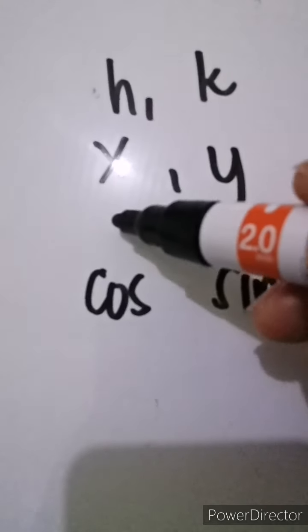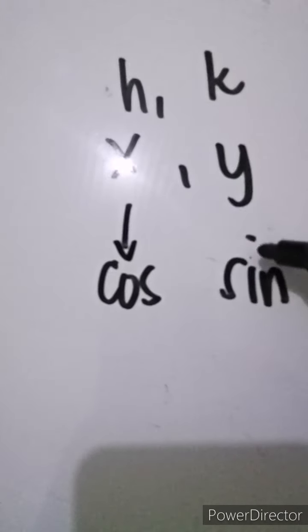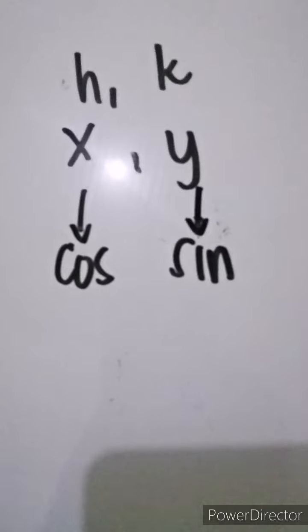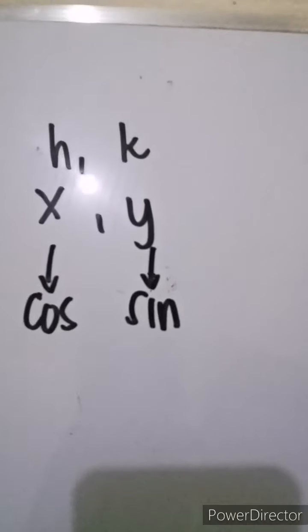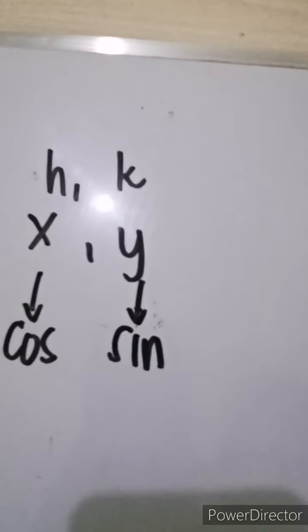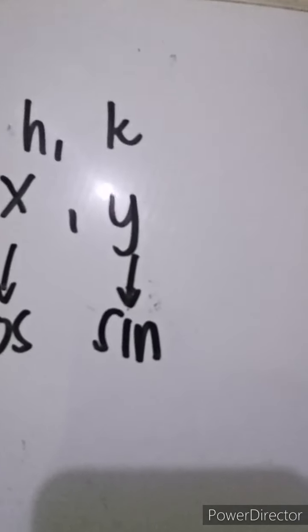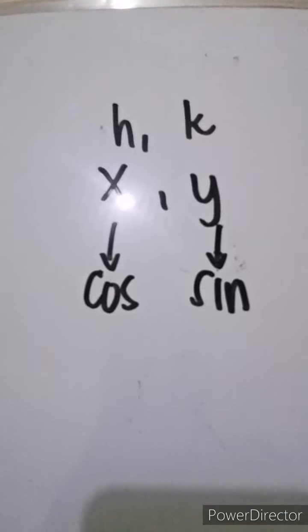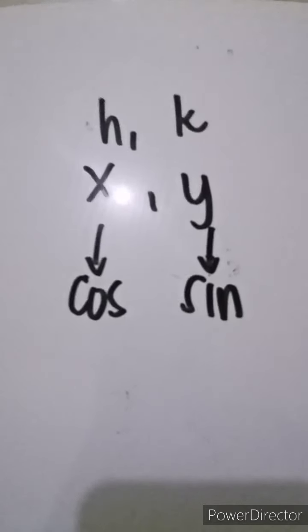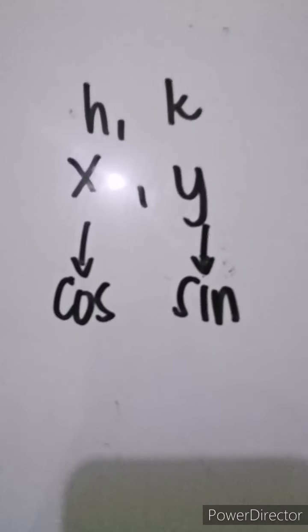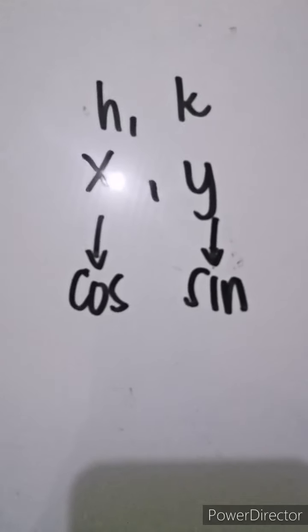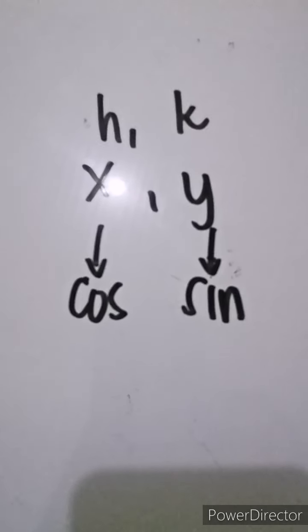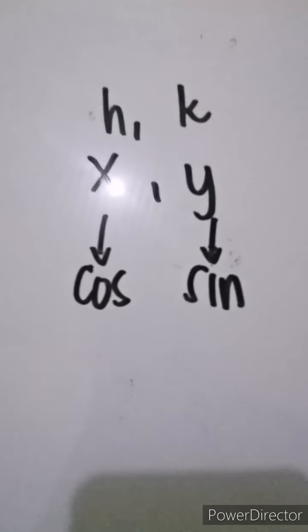So, meaning, ang x will be denoted as the cosine and y will be denoted as sine. So, dito, kukuhanin natin yung different sides, different value or different measurement of each side based from the given angle or the reference angle.